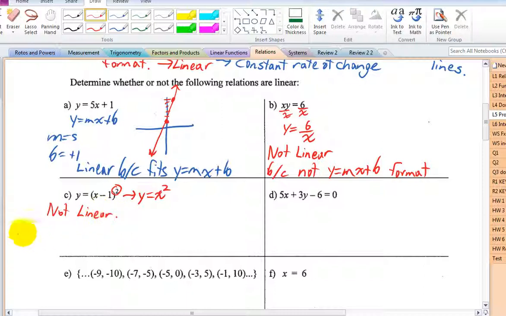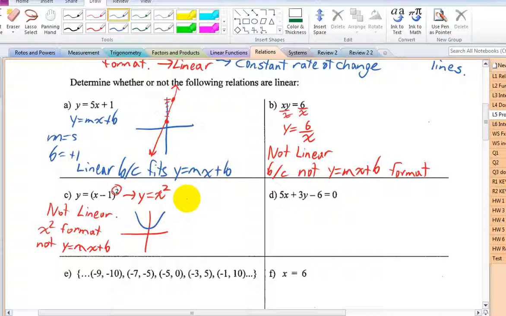And that's because it's the x squared format, not y equals mx plus b. Okay. So this one is going to be a U shape. Okay. Whoops, I'll do that in blue. So it's going to be something like that.